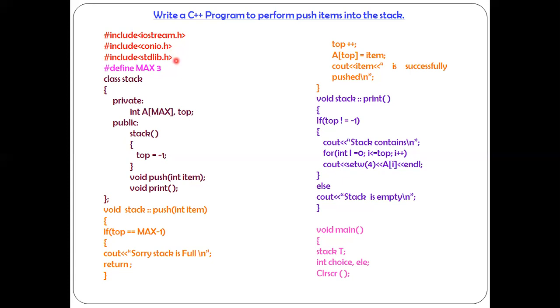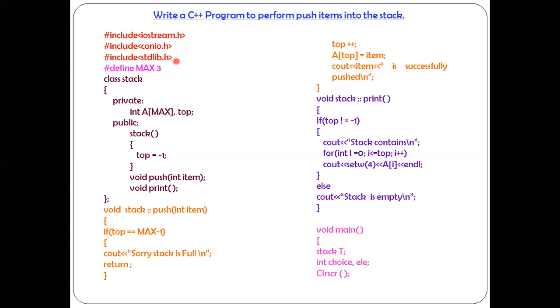Third one, #include stdlib.h, stands for standard library header file. We are using this header file for the exit function in this program. For conio, we are using two functions: clrscr and getch. And iostream.h is for cout and cin. For that purpose, we are including this header file.